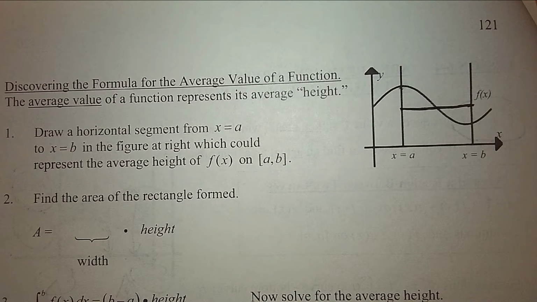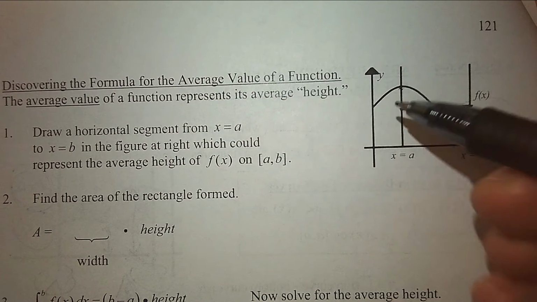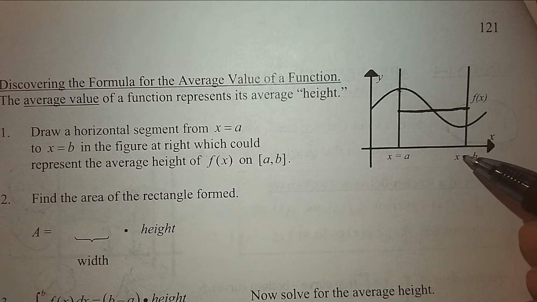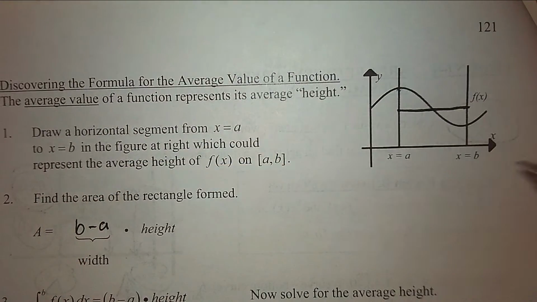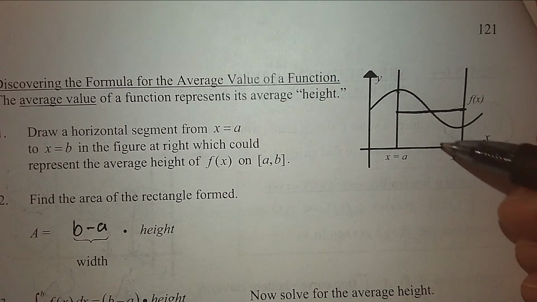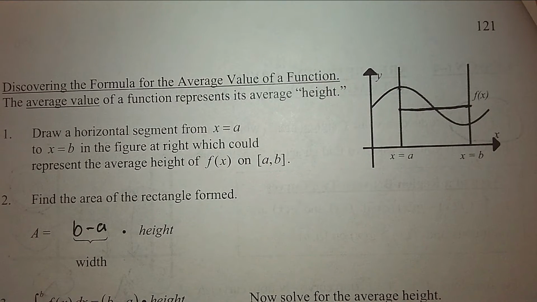It says find the area of that rectangle that was formed. So this rectangle goes from, what's the width and the height of it? So the width would be B subtract A, right? The upper minus lower bound. And then whatever that height was would give you the area.